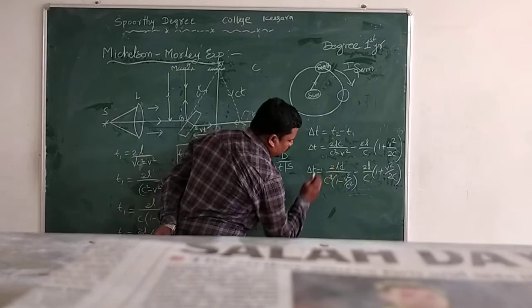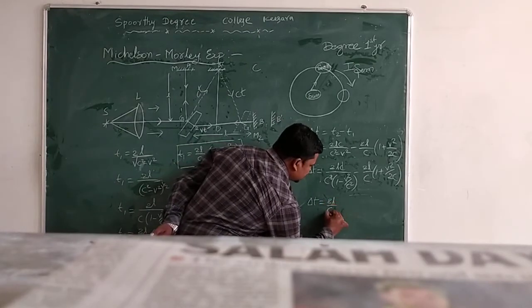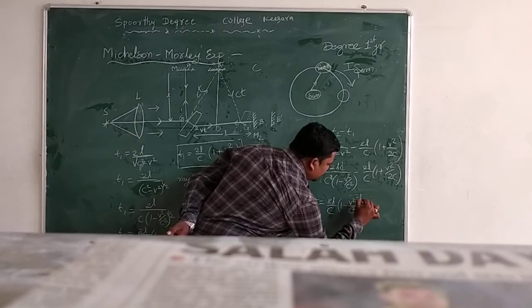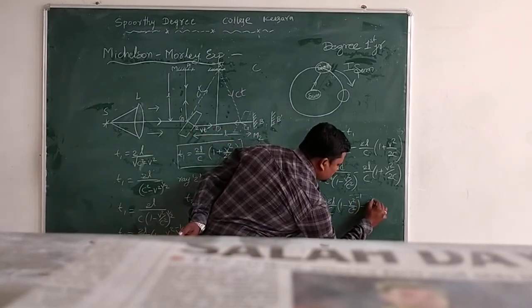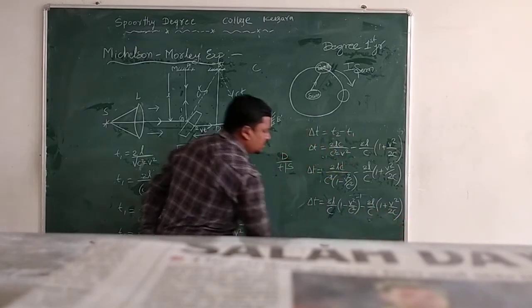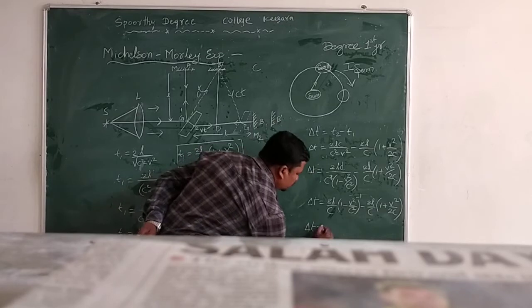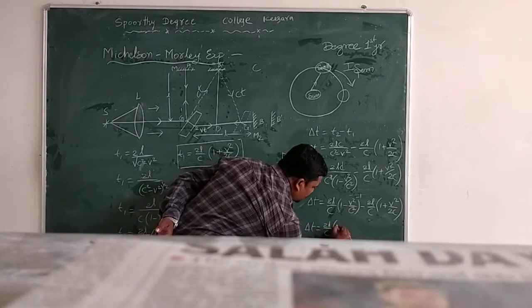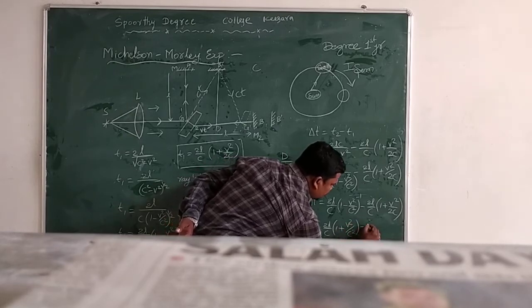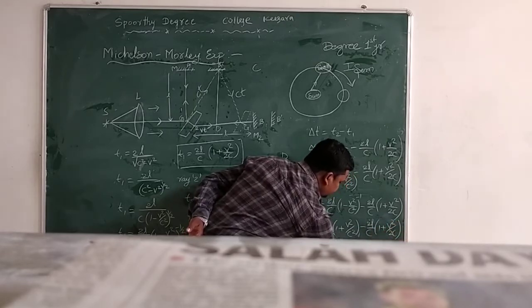Then take this to numerator. Delta t equal to 2L by C, 1 minus V square by C square, then minus 1. Minus 2L by C, 1 plus V square by 2C. Here apply the power. Delta t equal to 2L by C, 1 plus V square by C square, minus 2L by C, 1 plus V square by 2C.